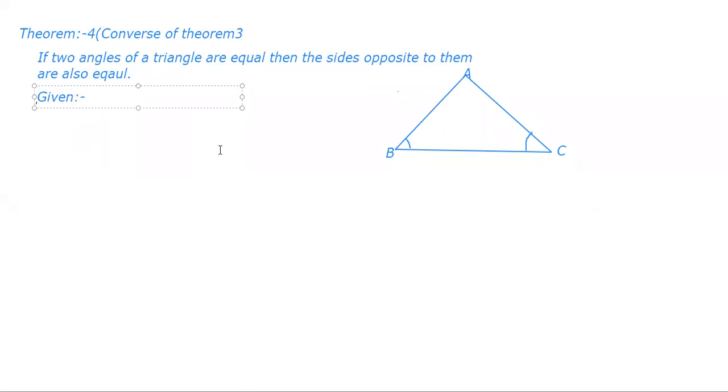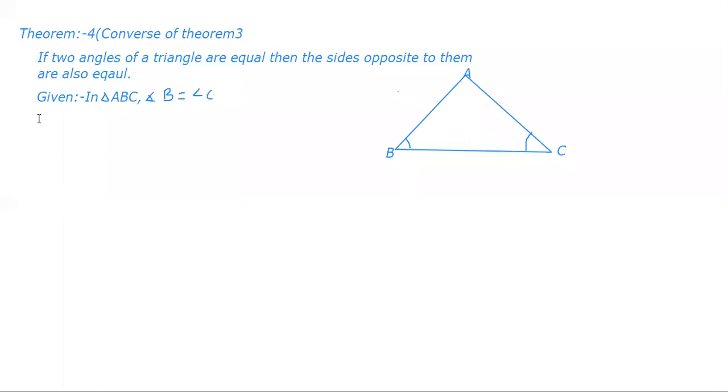Here it is given, in triangle ABC, angle B is equal to angle C. This is given.